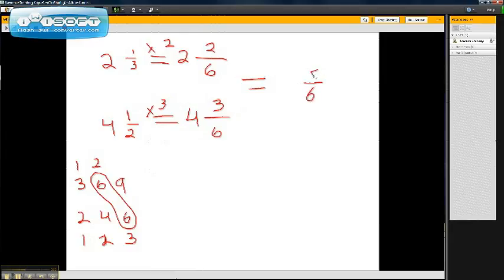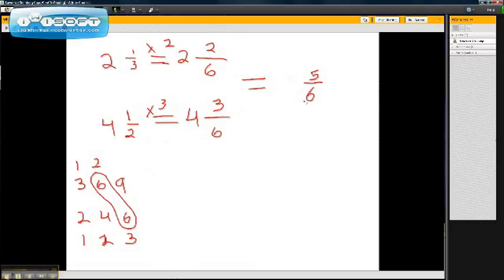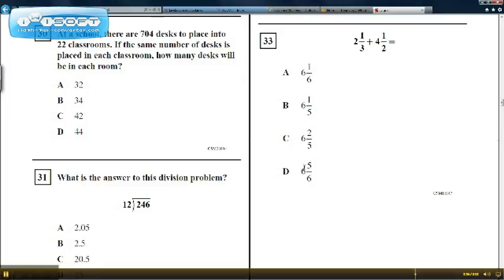Add the numerators, and then when you're done, if the fraction cannot be reduced, you can leave it there, or if it's improper, you have to change it to a mixed number, but in our case, it's not. It's simplified as far as it can go, so just add the whole numbers. So we're looking for 6 and 5/6, which would be D again, so choice D.